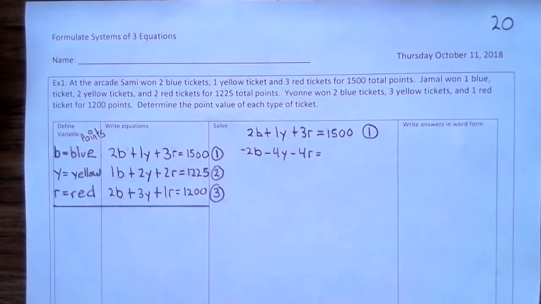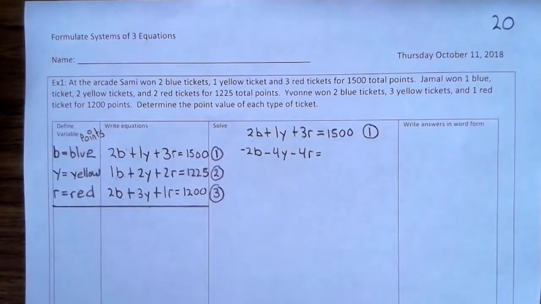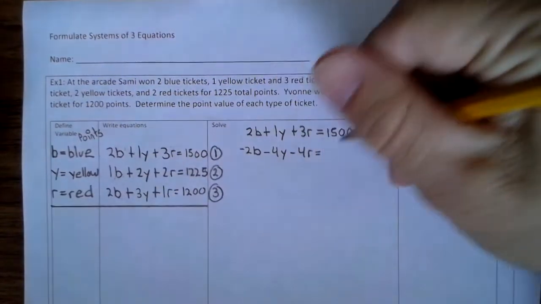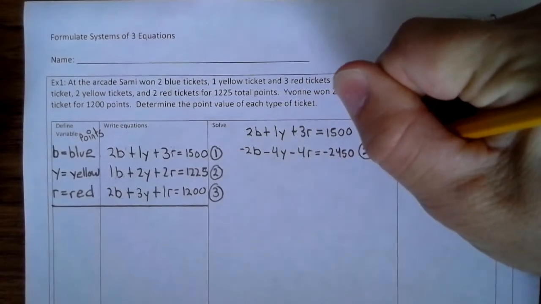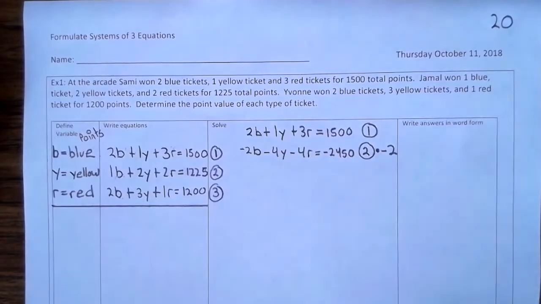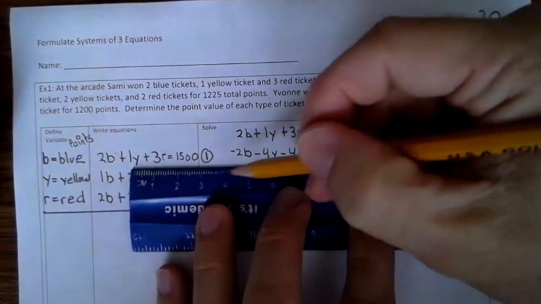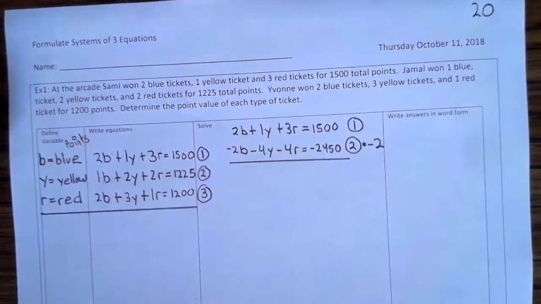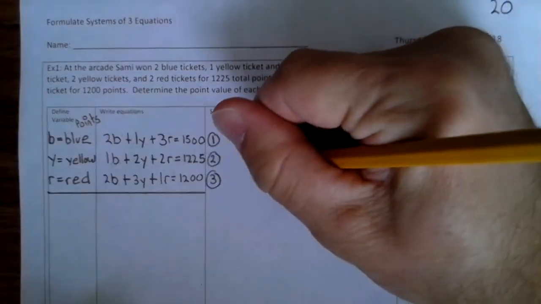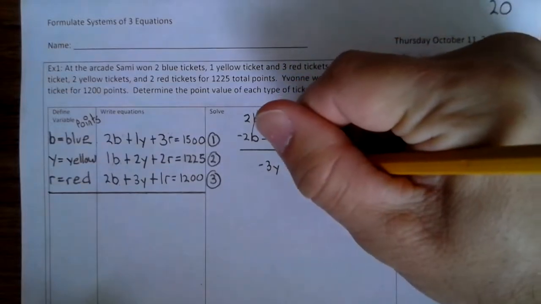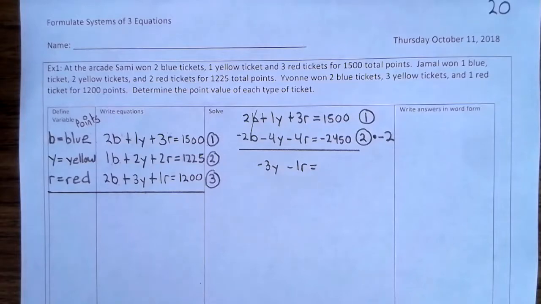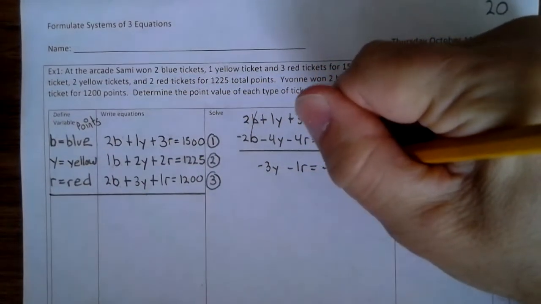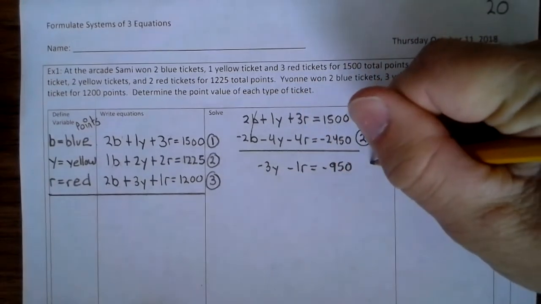And so negative 2 times 1,225 is negative 2,450, and that's equation 2 times negative 2. So the b's cancel. You're left with negative 3y minus 1r equals negative 950. And we're going to call that equation 4.